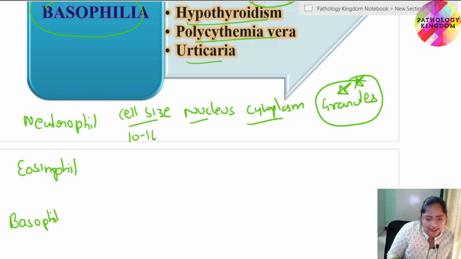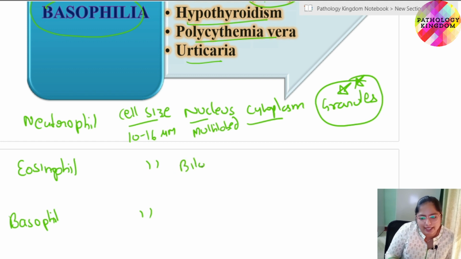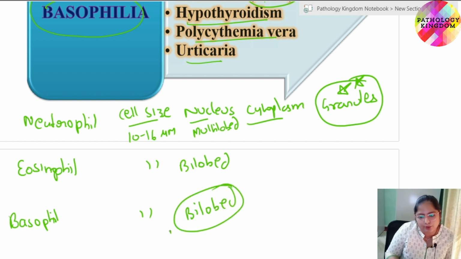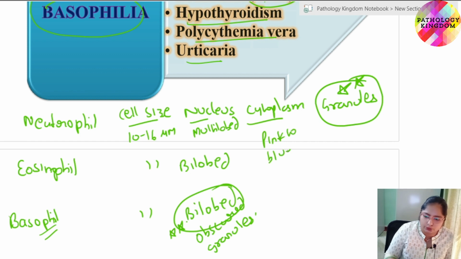Size is between 10 to 16 micrometer, common for all. Nucleus is multilobed in neutrophil, bilobed for eosinophil and basophil. But the important point is, in basophil, it is obscured, not visible, as it is covered by granules. Cytoplasm is pink to blue in all the three granulocytes. Now coming on to the important differentiating feature, that is granules.